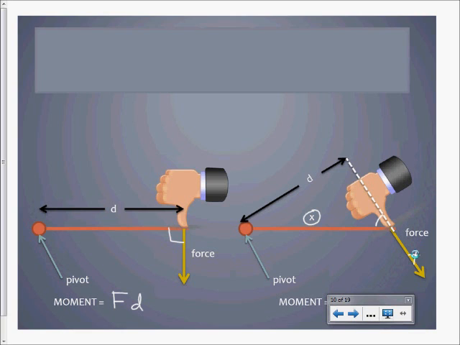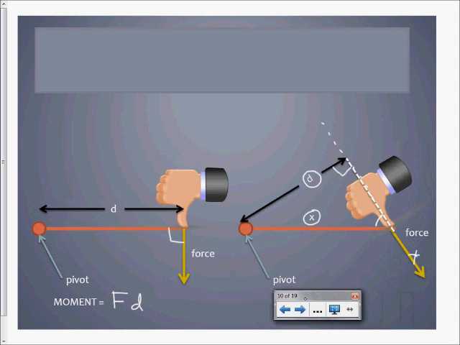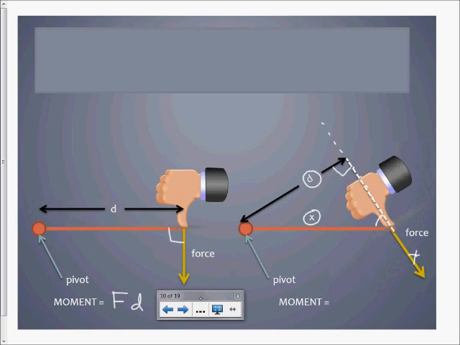So what we need to do is project this force backwards, the line of action of the force, until we hit the point where we've got that perpendicular. And so the distance that we would use in doing the calculation would be that perpendicular distance, F times D. So just watch out for that.